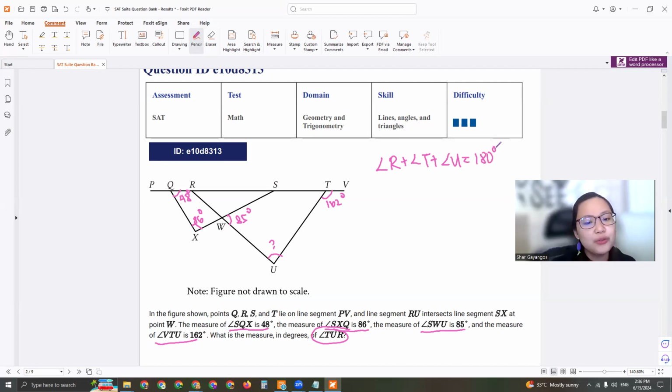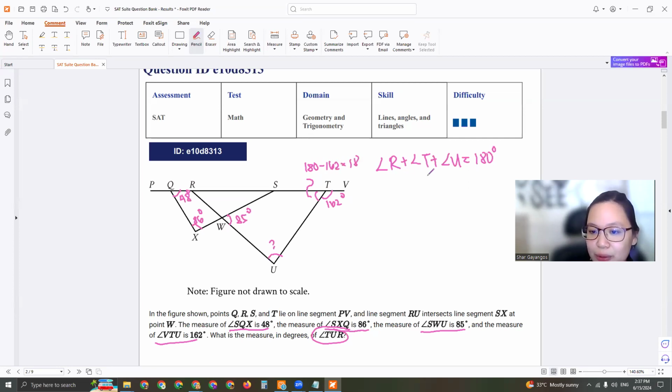The easiest to figure out is T. You know why? This part here is a line, so they form a linear pair, meaning this is just equal to 180 minus 162. And that is equal to 18. And then let's focus on R now.